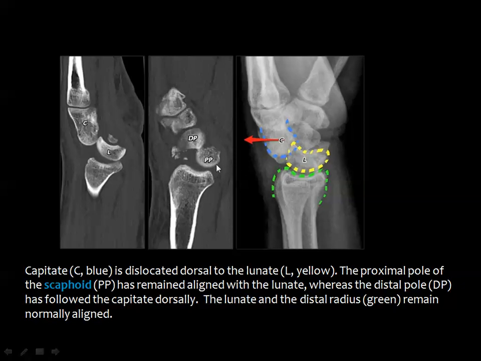The proximal pole will remain in relation with the lunate bone, while the distal part of the scaphoid bone will be displaced dorsally with the displaced capitate bone.